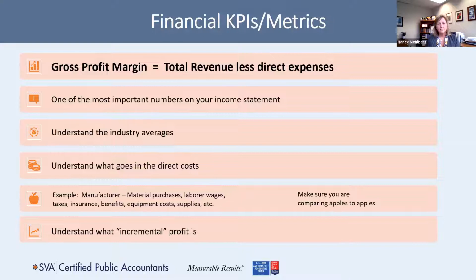So if your company has a gross profit margin of 20%, that's industry average, you're hitting that, or you're at 25%, but you have capacity and you have the ability to take on maybe a large job, you have to understand that there's this thing called incremental gross profit, which is going to be a lower gross profit margin intentionally to bring more revenue to the bottom line.